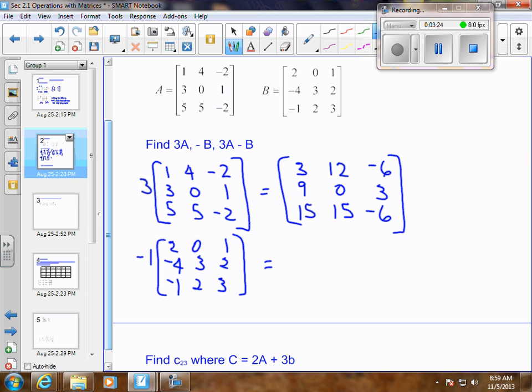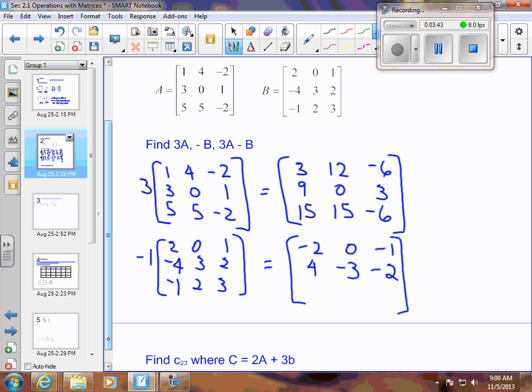And so we would get the matrix, same dimensions, -1 times 2, -1 times 0, -1 times 1 completes the first row, -1 times -4, -1 times 3, -1 times 2, and then finishing out the bottom row, multiplying each by -1.